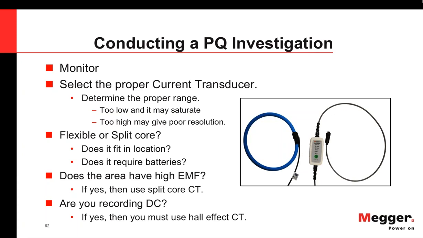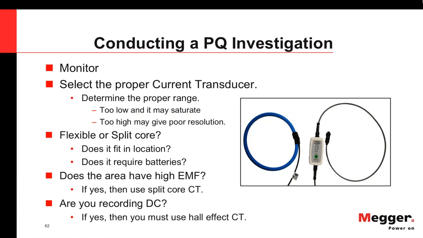By low current values, I'm talking around 10 amps or lower, because you may get a good magnitude, but keep in mind that your phase shift can gain inaccuracies because they're air core. Other questions to ask: does the area have a high EMF? If it has a high EMF, you may want to go split core.